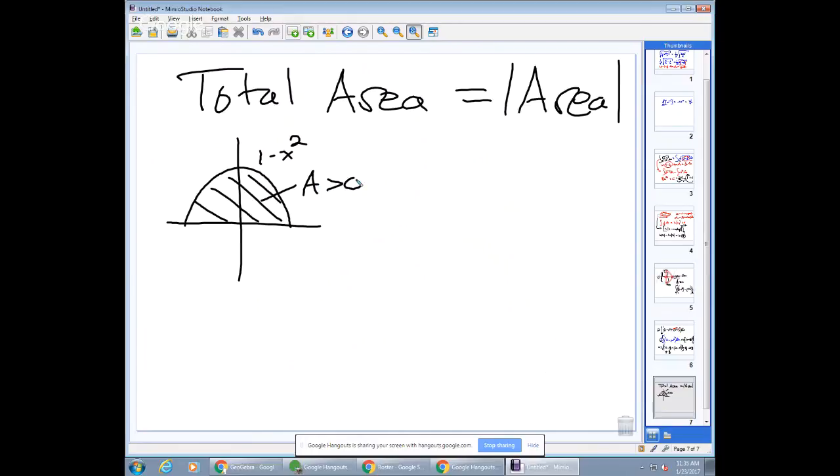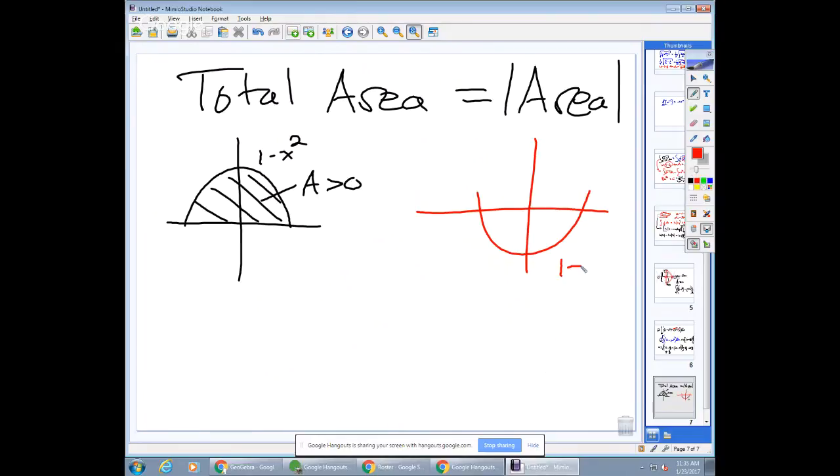On the other hand, if we consider the graph of x squared minus 1, and we find the area in here, guess what that area is going to be if I just do an integral? The integral will say this area is negative, less than 0.